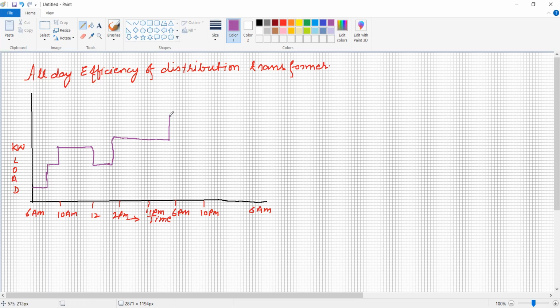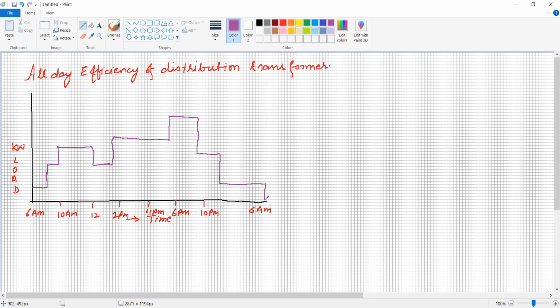So load is highest during that time, from 6 p.m. to 10 p.m., and this 6 p.m. to 10 p.m. is called the peak load in the power plant distribution area. After that the load keeps decreasing, and after 10 or 11 p.m. the load is very small, only fans and some night lamps are in working condition.